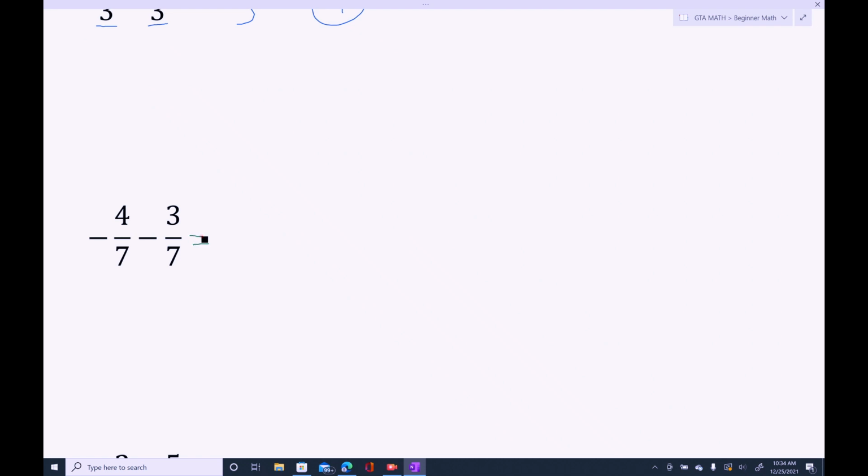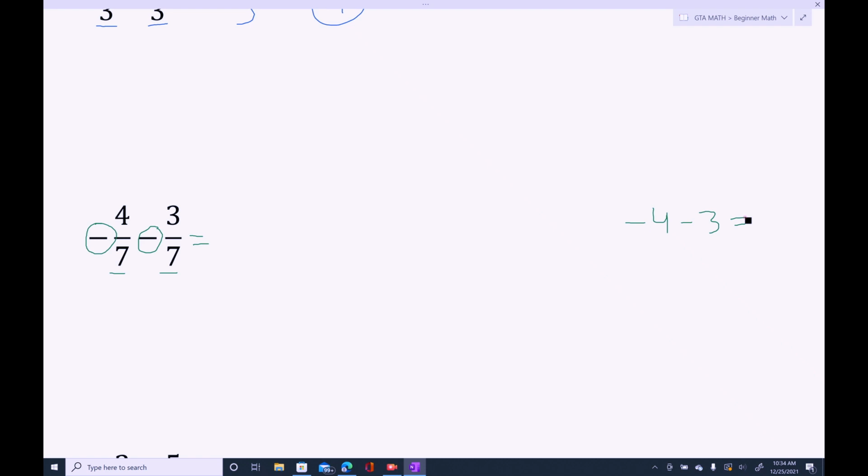In this problem, we have a negative number in front of this fraction, so we have 2 negatives in place, but our denominators are the same. So really we have negative 4 minus 3, and we're just trying to figure out what that equals.